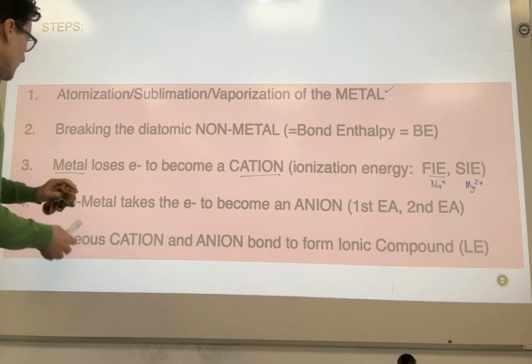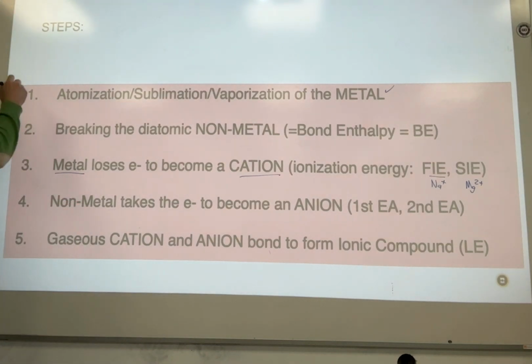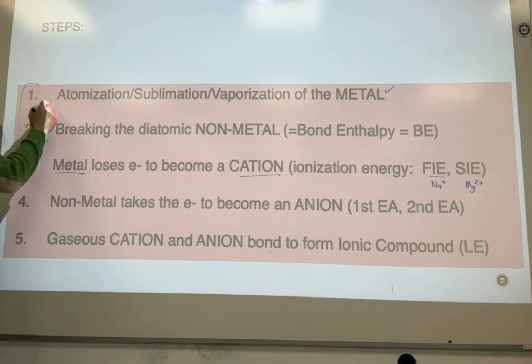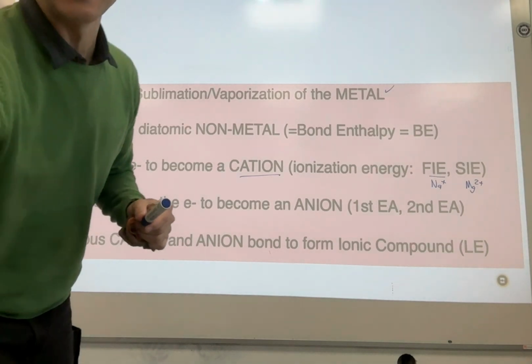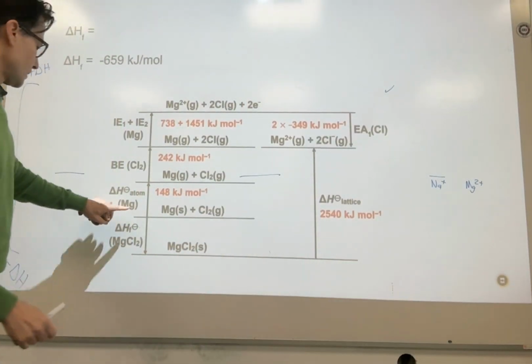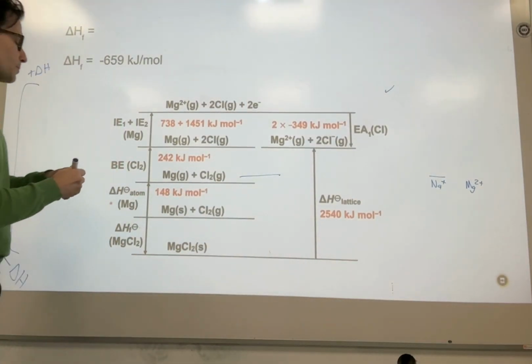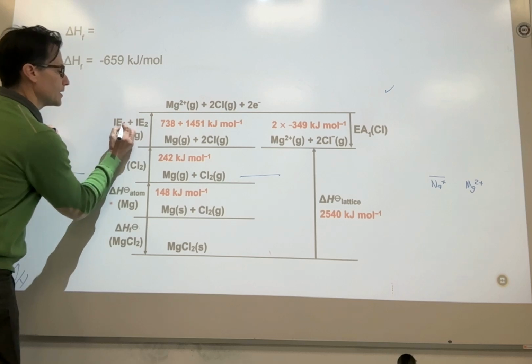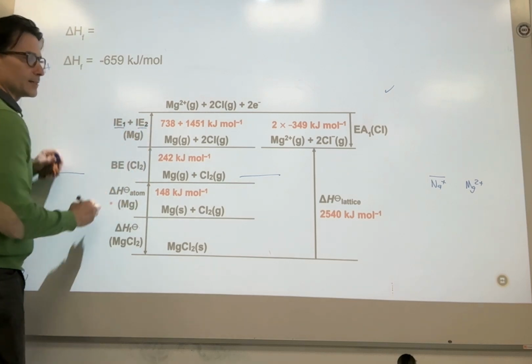Okay. All right, all of these steps right here are endothermic. I'll put it here because if I put it over here, you're not going to see it. These steps are endothermic. These steps are exothermic. So starting here is where the graph starts to go down. So you notice atomization, bond enthalpy, first ionization energy, second ionization energy.